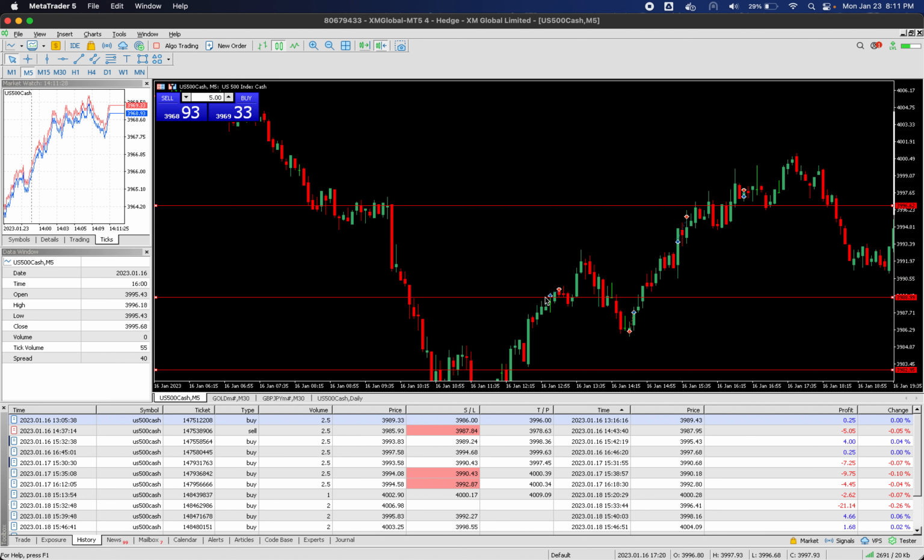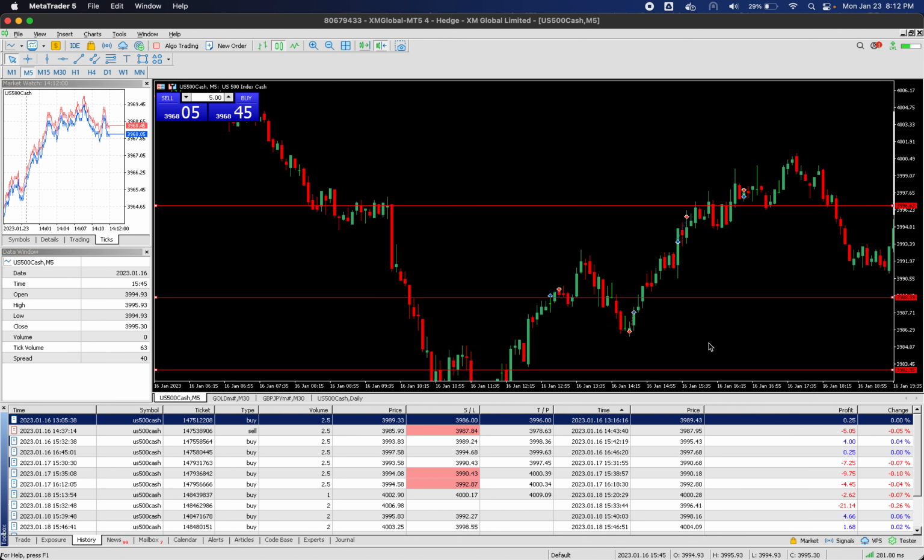Why? Because of the movement of the candle, even the first candle that I opened the trade on, it's a doji. Okay, there's a 50-50 chance that the next candle would go up. The next candle did go up, but no upper wick or higher wick. So I decided to close on break even. So yeah, that's what happened. That's the 0.25 profit, but that's really a break even.